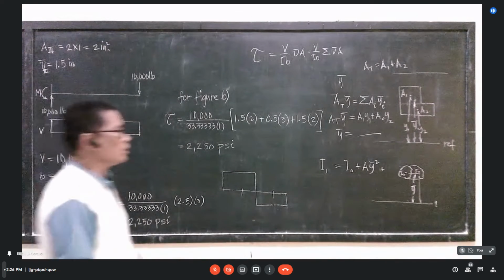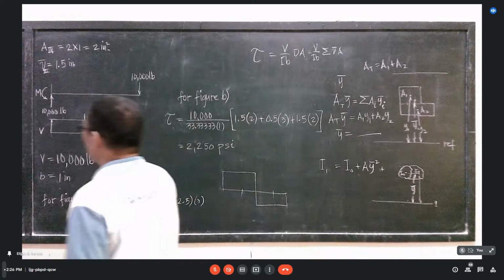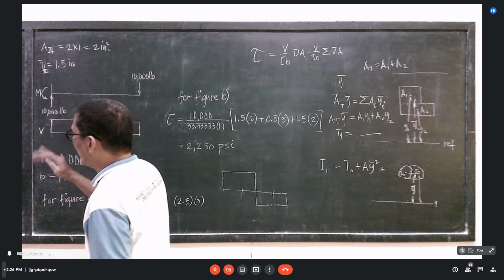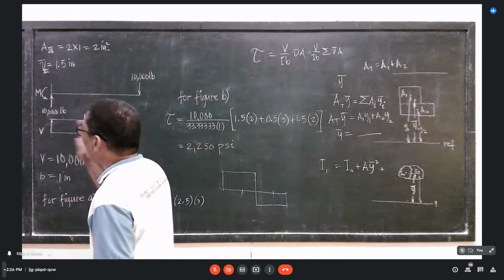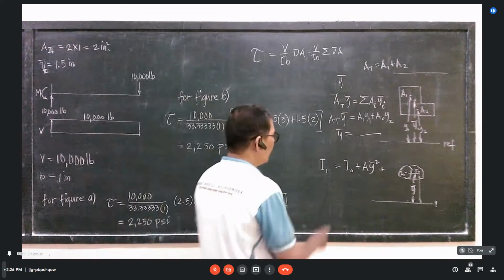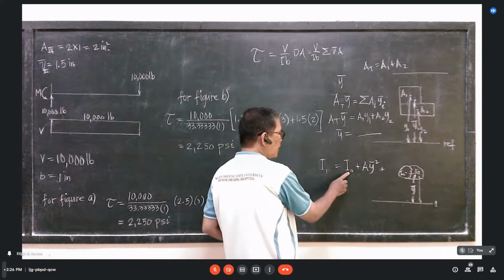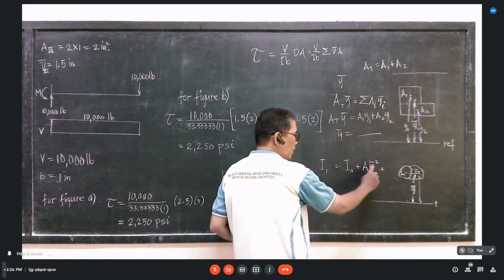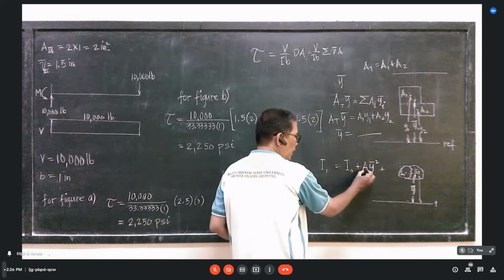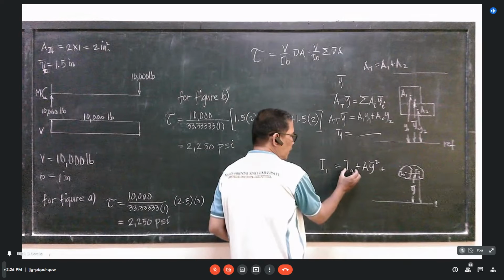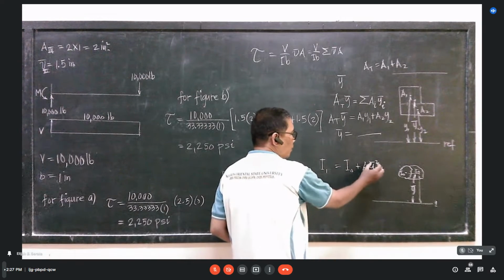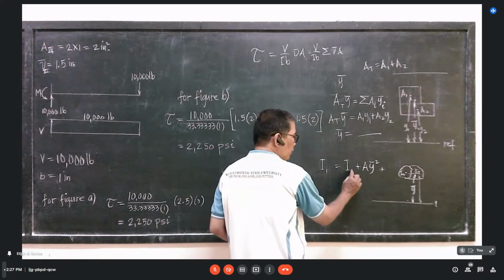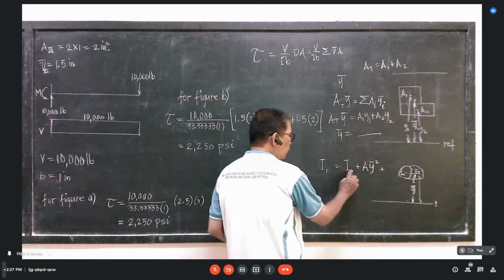We are going to transfer this time. We know the moment of inertia of the rectangles, and they are referred about their centroids: bh cubed over 12 is the moment of inertia about its centroid. But we transfer it to a new axis, so we add A y bar squared, where A is the area of the figure whose moment of inertia you took, and y bar is the distance from its original reference, which is the centroid, to a new axis.